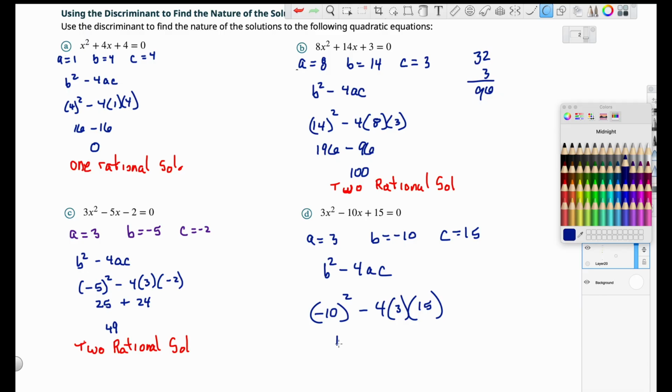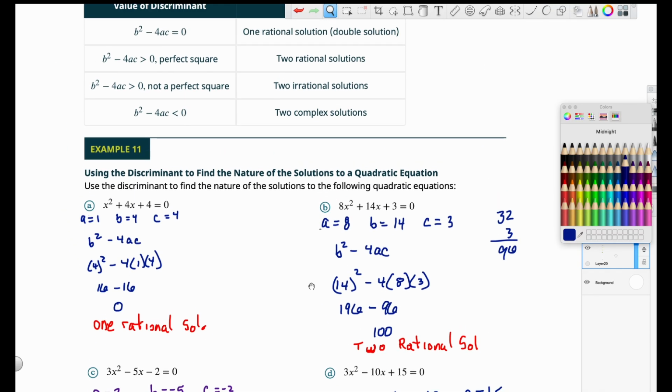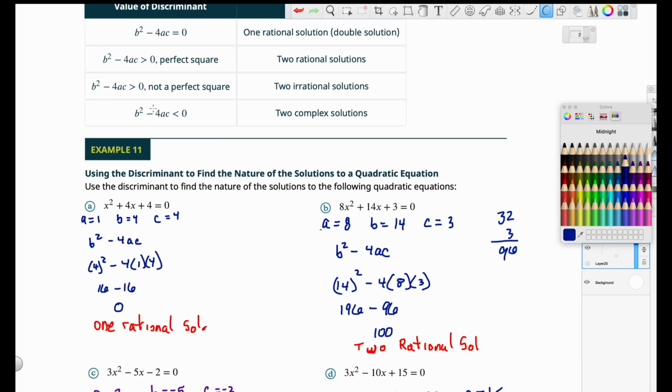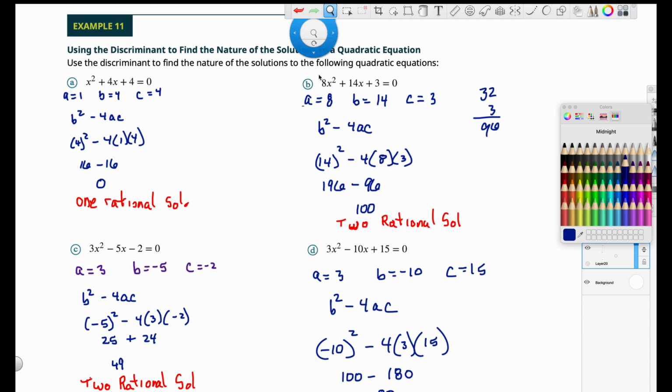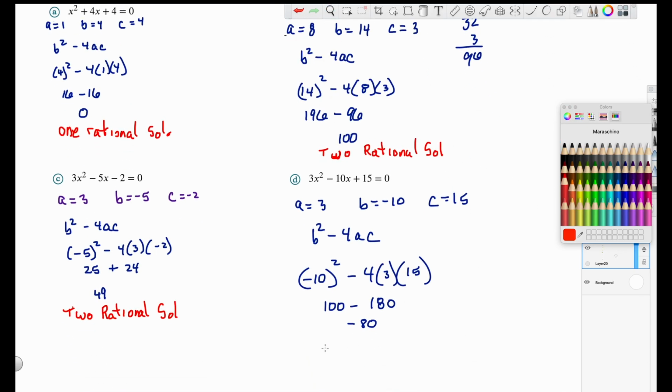So negative 10 squared is 100 minus, 4 times 3 is 12, 12 times 15 is 180. I get a negative 80 here. The discriminant is negative. Okay, so what does that mean? It's less than 0 right here. 2 complex solutions. So not a real solution.